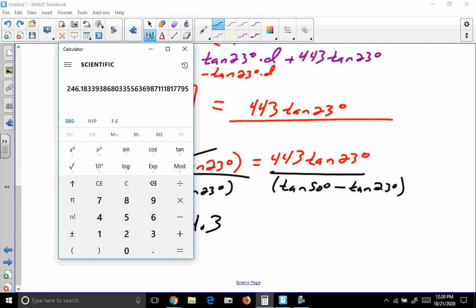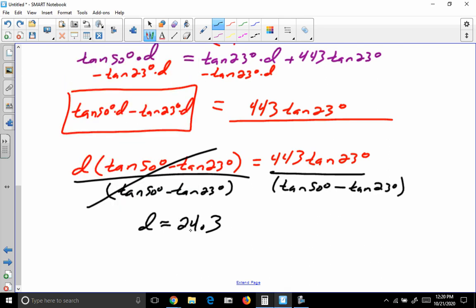I need an actual calculator because typing it in on my computer screen is not the easiest thing. So 245.